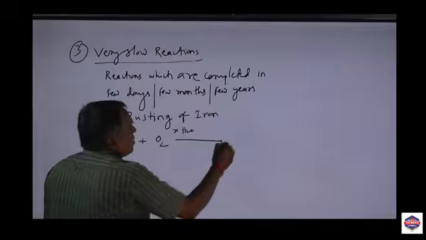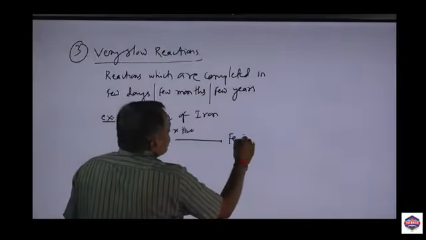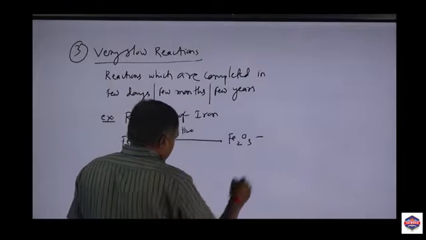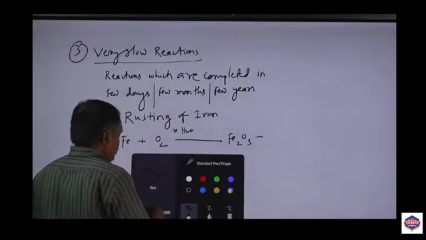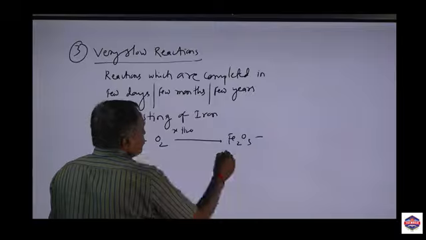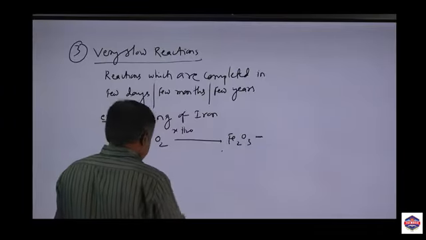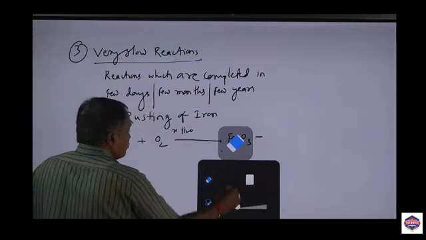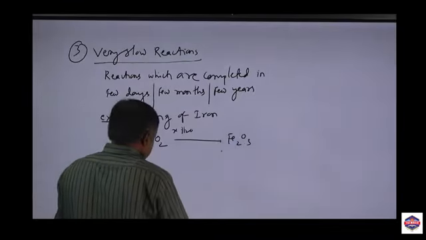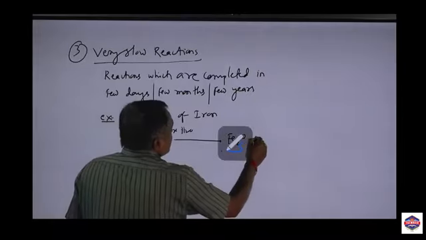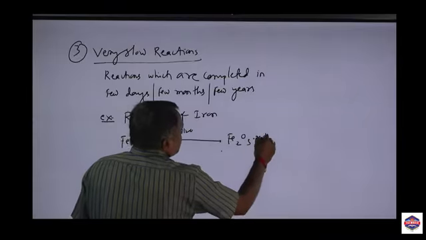Now we will get the rust, Fe2O3 dot X moles water.